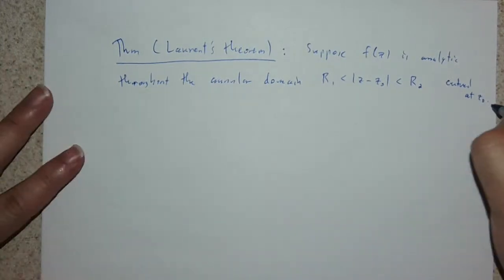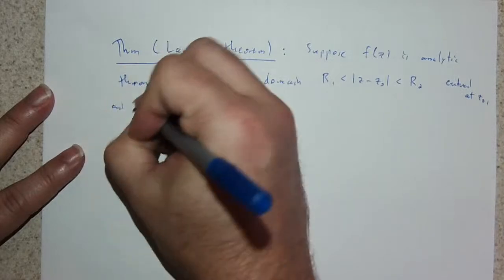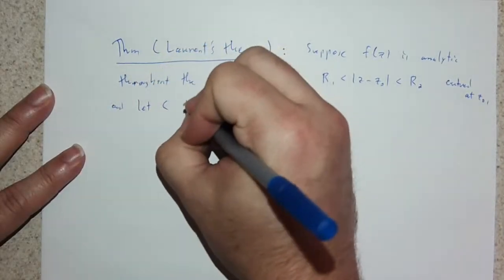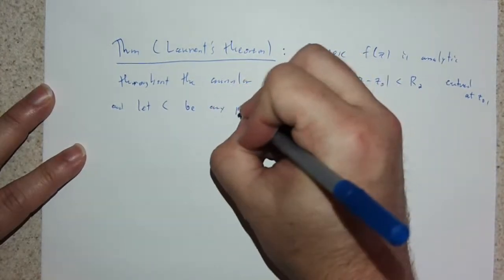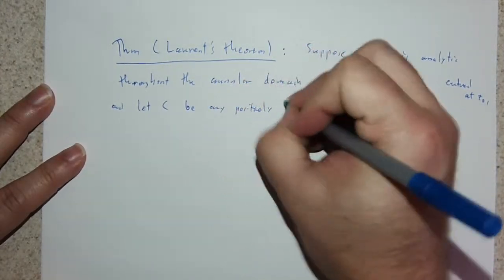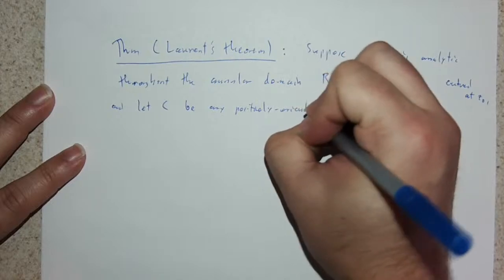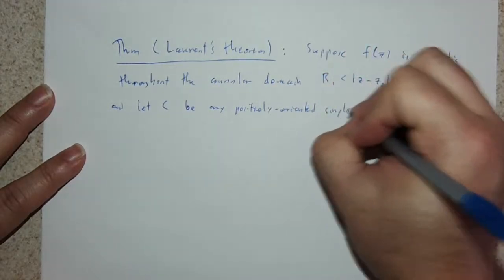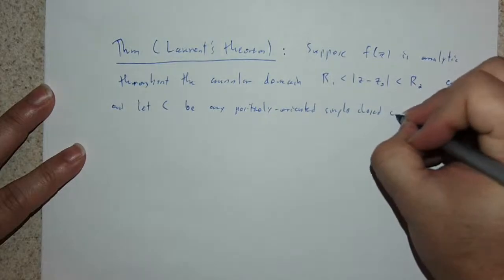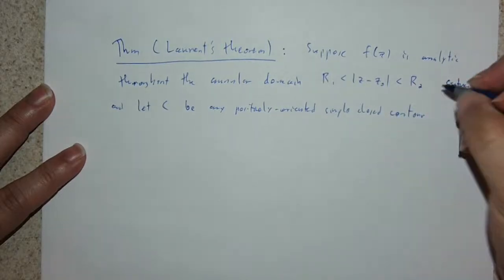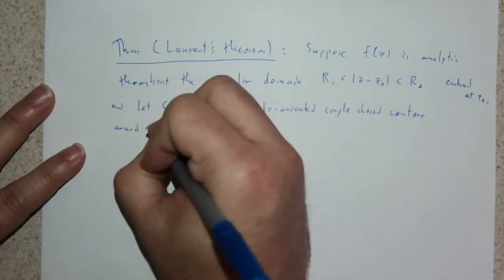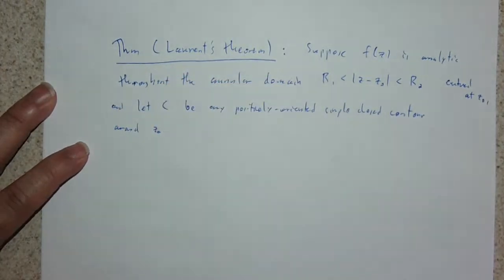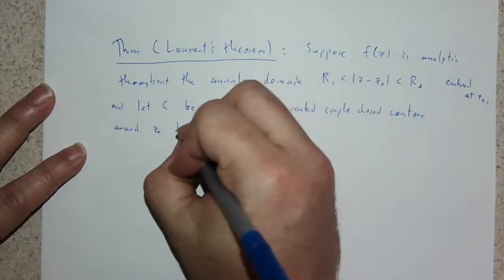And let C be any positively oriented simple closed contour around z naught lying in that annular region.